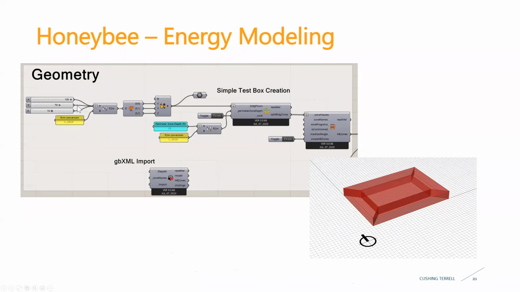So I just did a 100 by 70 foot building that's 10 feet high. It creates a box, and then I added a perimeter zone depth of 15 feet. This component splits it into the perimeter and core zones, and then we run this, and it creates the Honeybee zones from that. And this is the visual representation inside of Rhino.